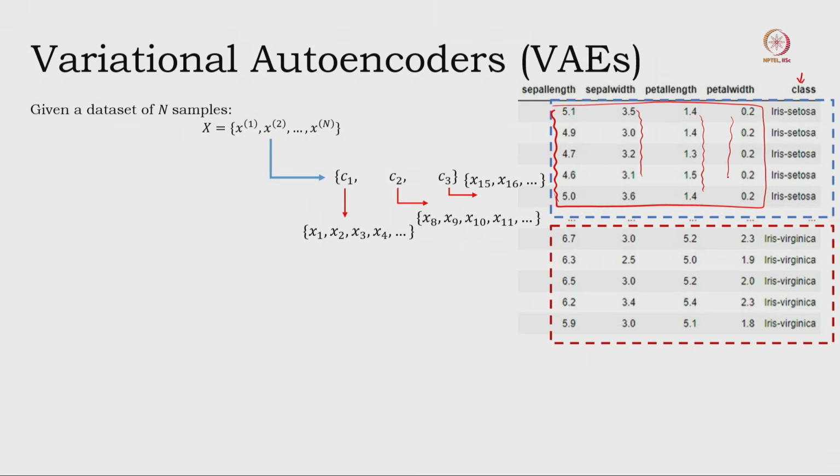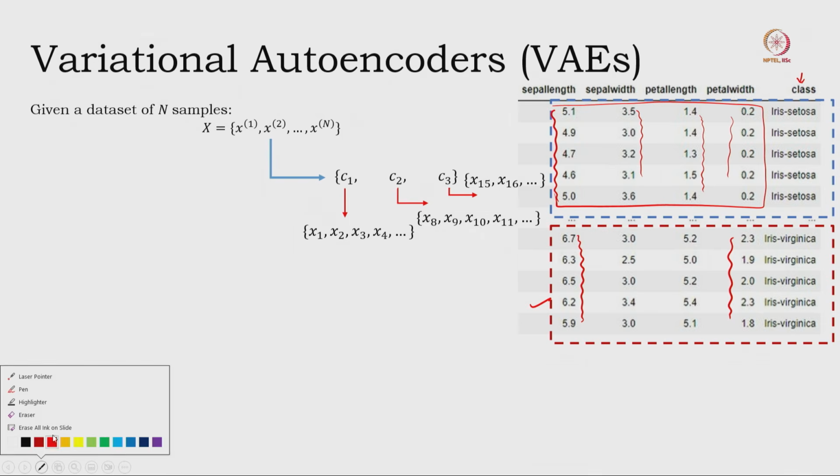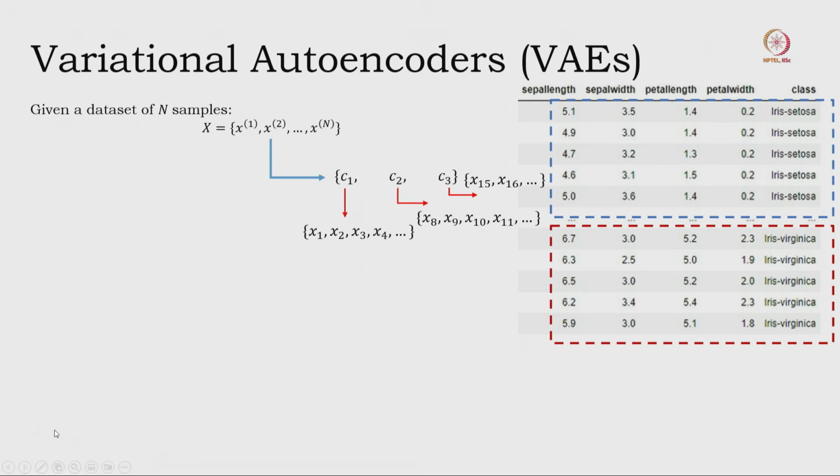So, the points belonging to the same class will all be similar, and if you look at another class, all these points are similar. The point I am trying to explain is that the points belonging to the same class are all similar, while the points belonging to different classes are far away from each other.